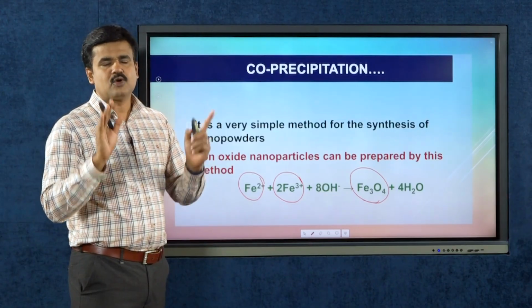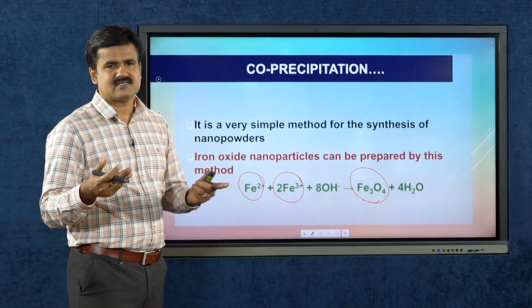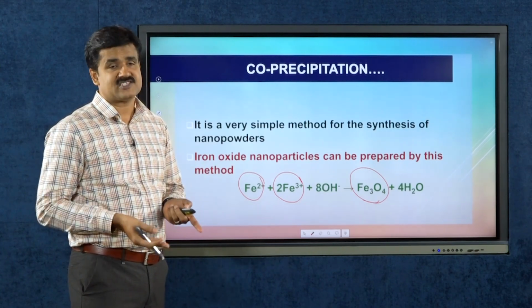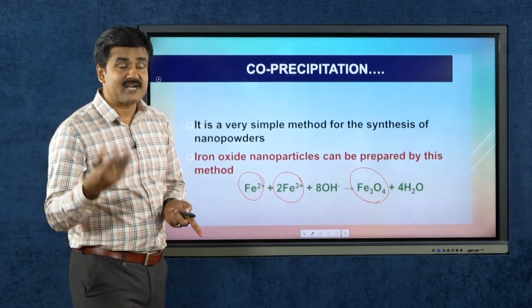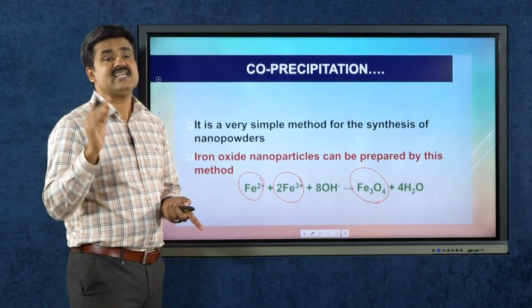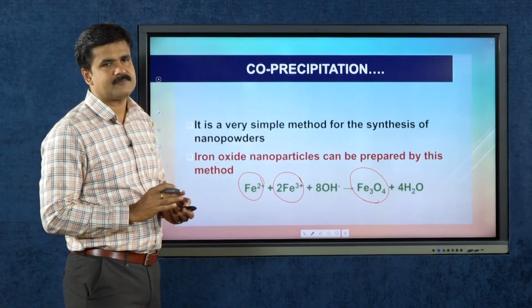So in co-precipitation, two or more metal ions, or the same metal ion in different oxidation states, are precipitated as their hydroxide or carbonate or oxalate, and that precipitate eliminates water molecules to produce the final nanoparticles.